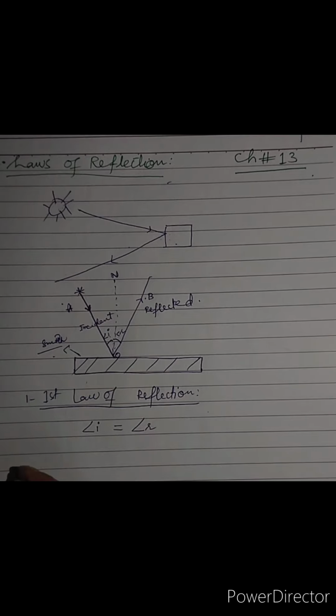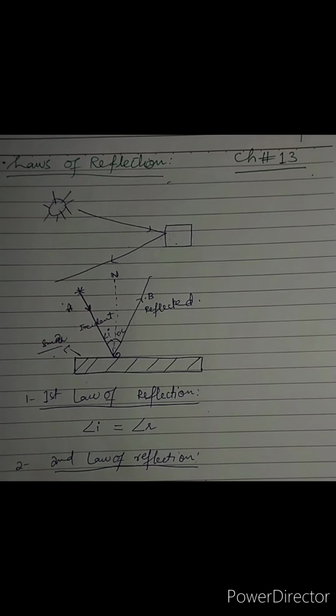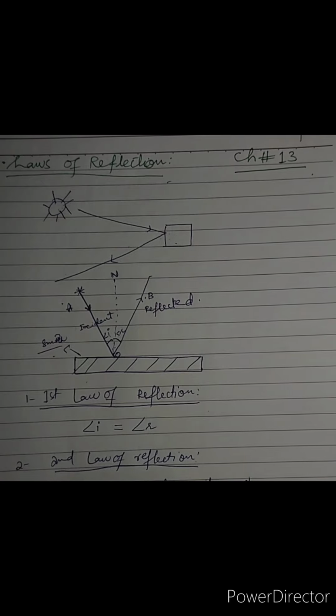And the second law of reflection says that the incident ray, the reflected ray, and the normal ray all lie on the same plane.